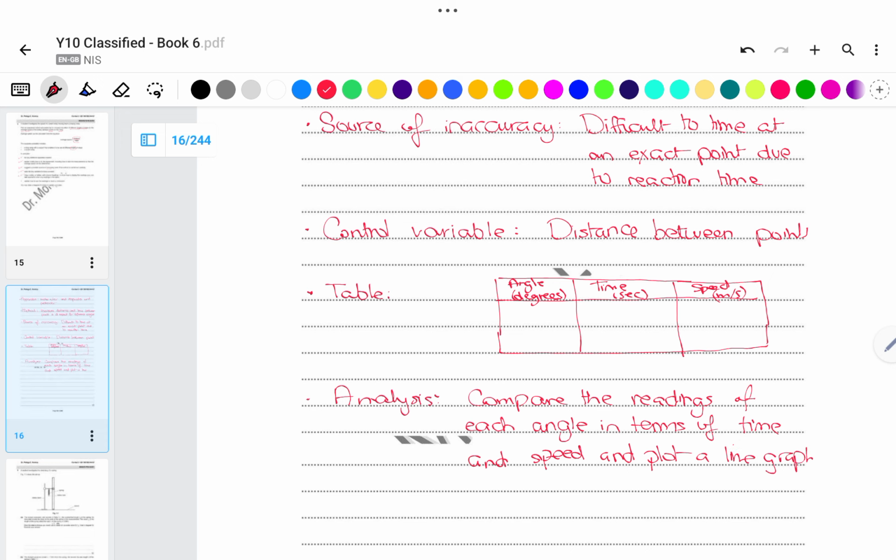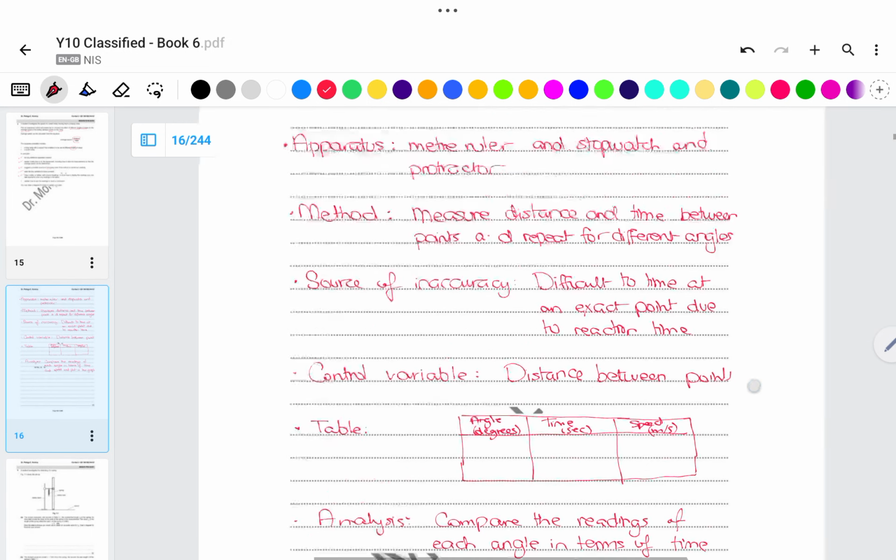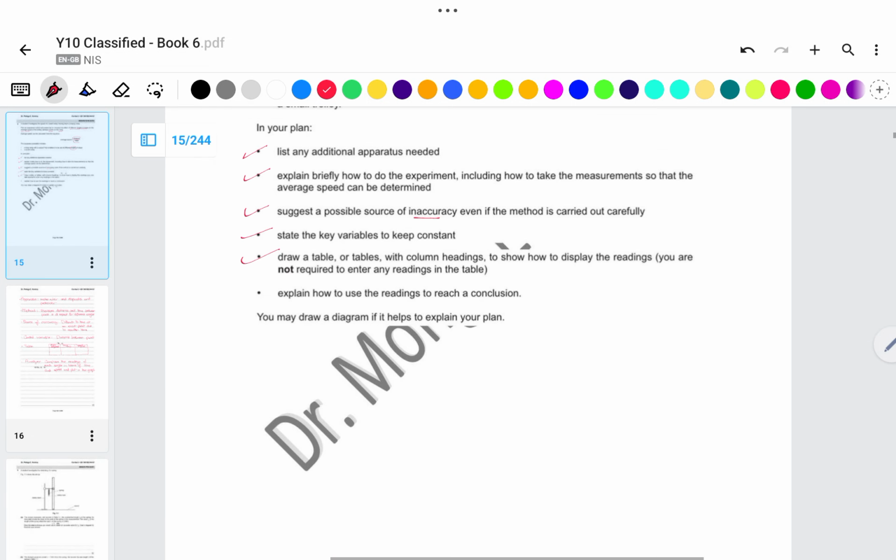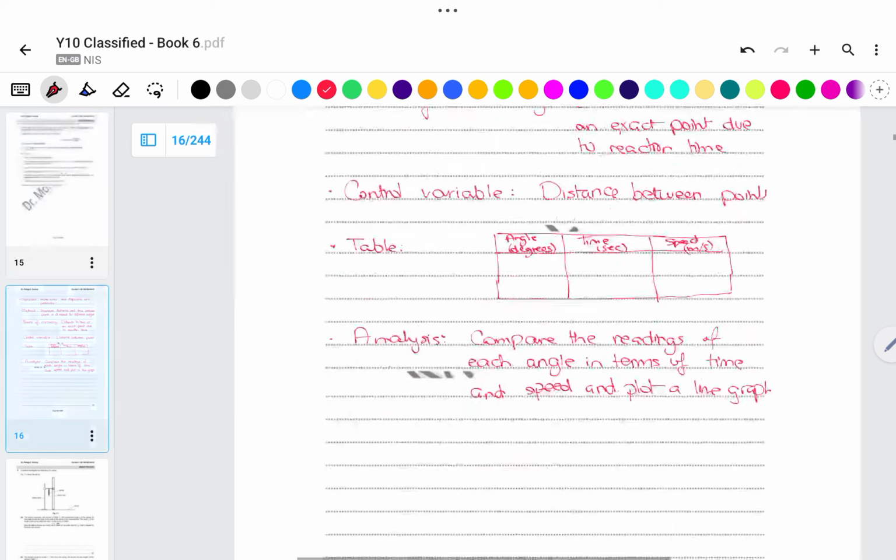Okay. All right. Explain how to use the readings. Okay. You may draw a diagram to explain.